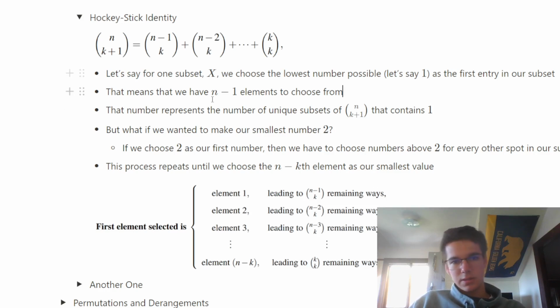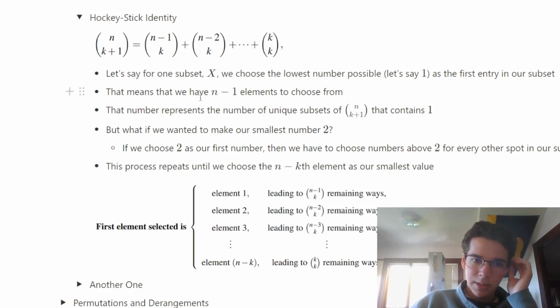The way we're going to explain this is by saying we're going to get a subset, we're going to call it X, and we're just going to say that the first value of X is going to be the smallest value in N. And that means we now have n minus 1 elements to choose from.